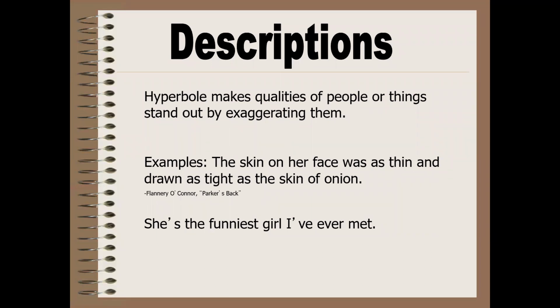So these are over exaggerations, and they are very good for descriptive purposes. So not only is onomatopoeia good for when you're writing descriptive pieces, but hyperbole is also good for when you're trying to write descriptive pieces.